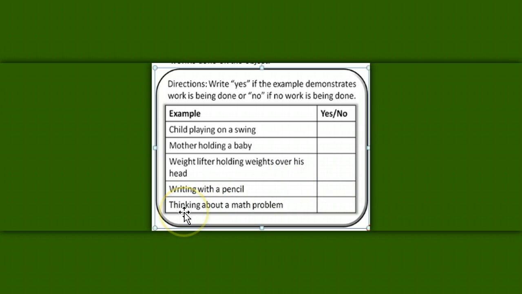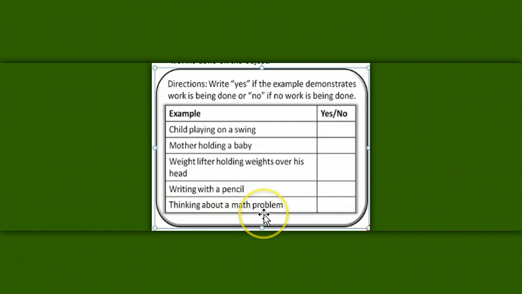Now let's look at the last example. Thinking about a math problem. Is there an object being moved a distance with a force? Is there a force? Is there an object moving anywhere? Exactly.